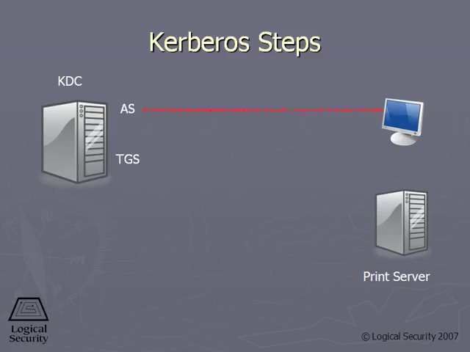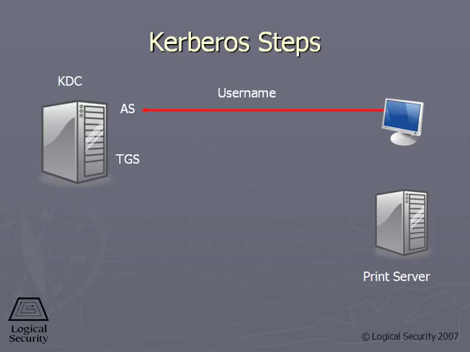So what happens is I come in at 8 o'clock in the morning, I sit down at my workstation, and I put in my username and password. My username gets sent over to the authentication service. Not my password, my username. I've typed in my username and password, and I don't really know what's going on in the background. My username goes over to the authentication service on the KDC.